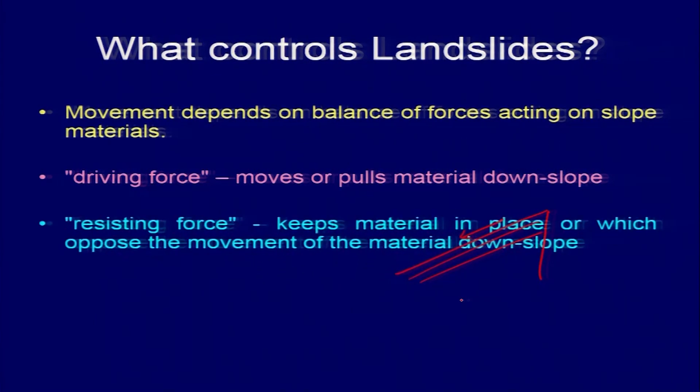Then another one is the resisting force, which will try to hold the material which is sitting on the slope. One will be your driving force, and another will be the normal stress, which we will discuss in the next slide, that keeps the material and doesn't allow it to move down slope. That is your resisting force.